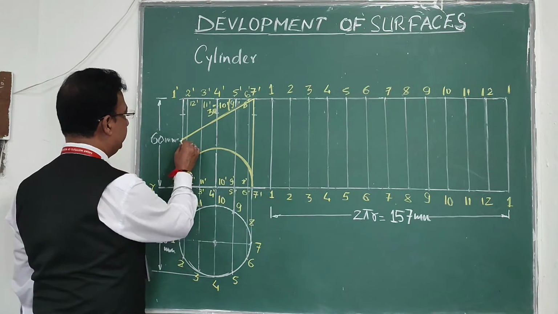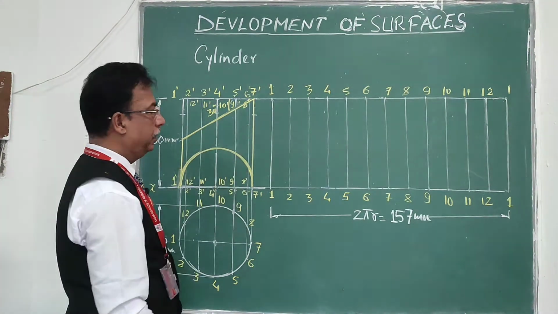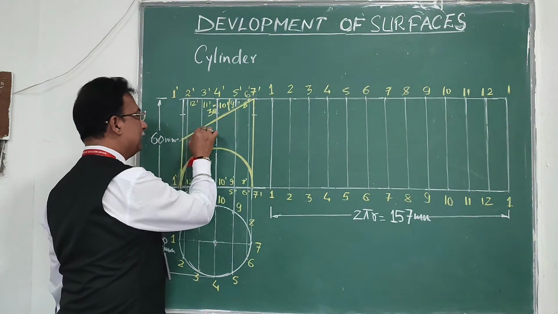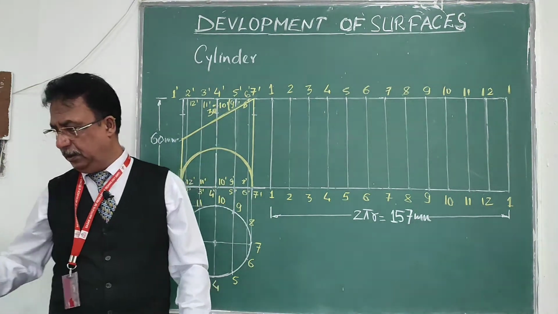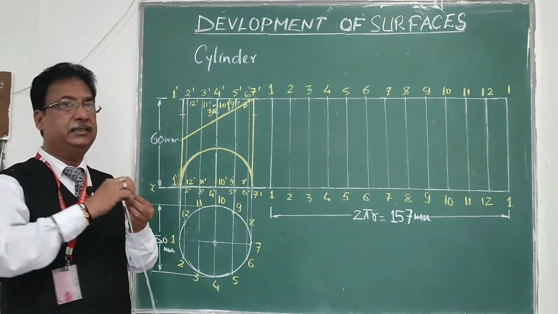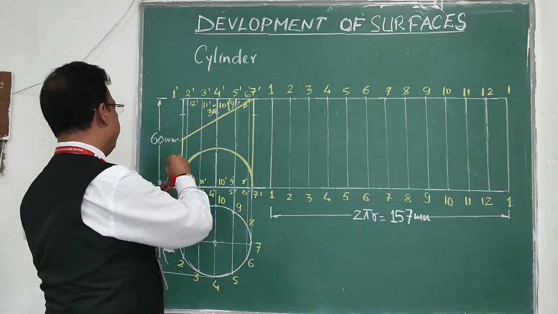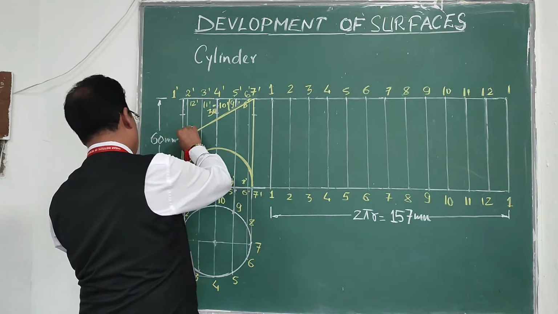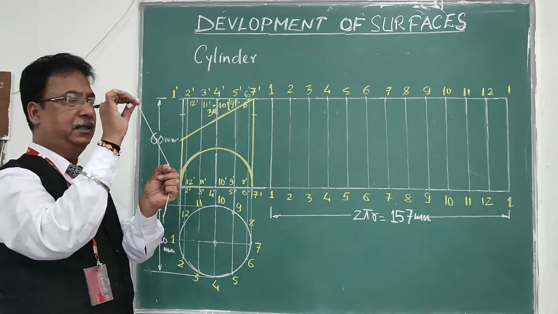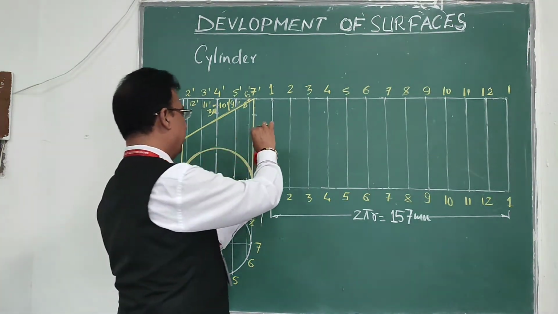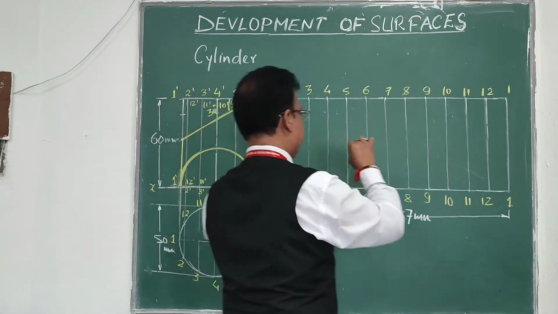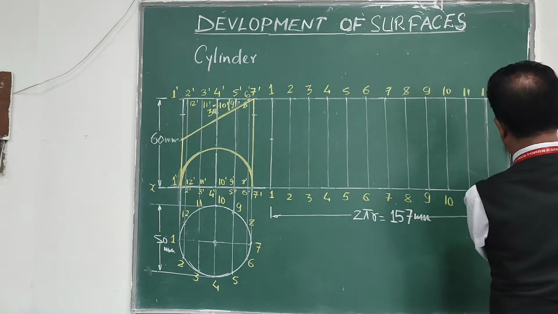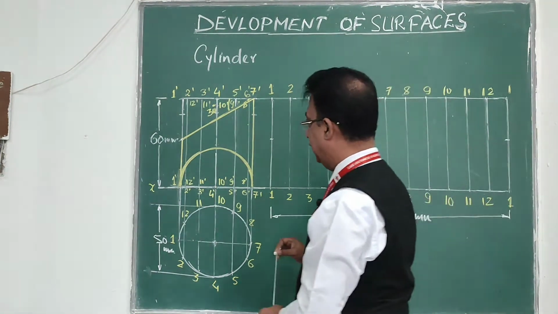Now I am going to shift these points into the development. I am not going to mark these points in the figure, just directly I am going to transfer them. With the help of parallel lines you can move, or you can take this distance. So this first one will be on the one line, so that is the point twice I will get, that is a point on the one line.